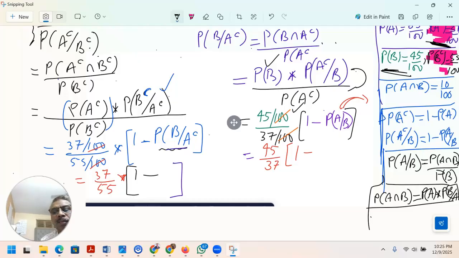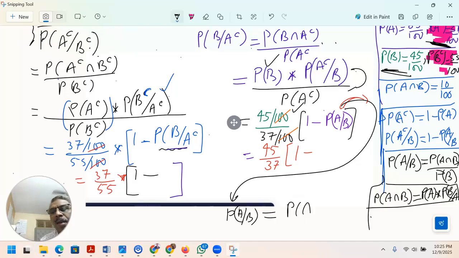So the probability of, let's say I want to find this piece, I'll write it here. The probability of A when B has occurred is, by formula, the probability of A and B divided by the probability of B. But you know both of these. The top one is 10 out of 100, so those who use Facebook and Instagram is 10 out of 100.